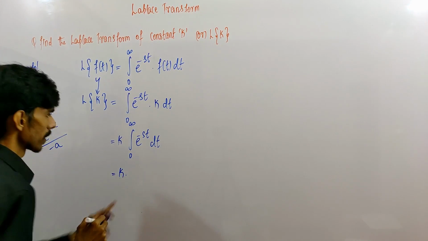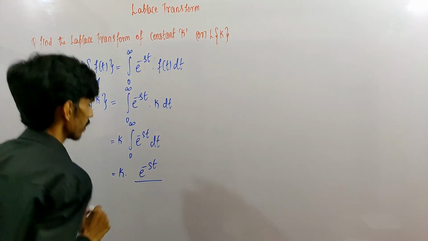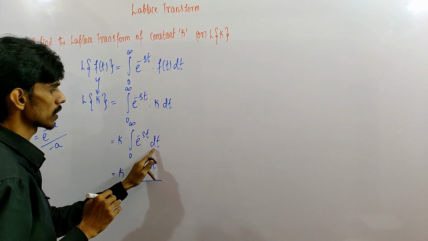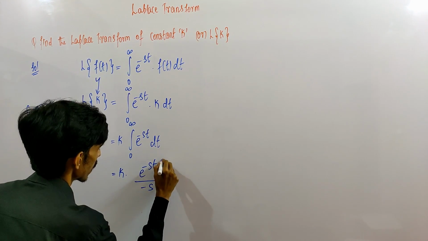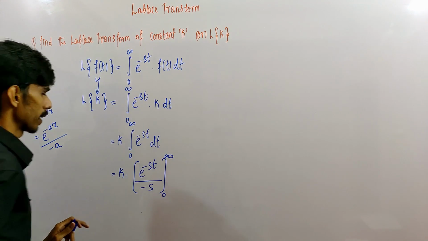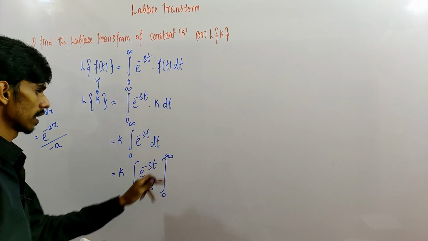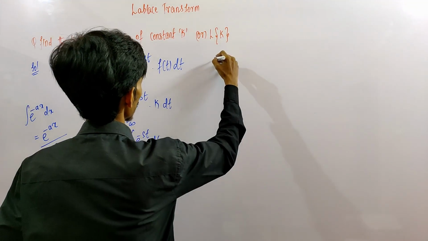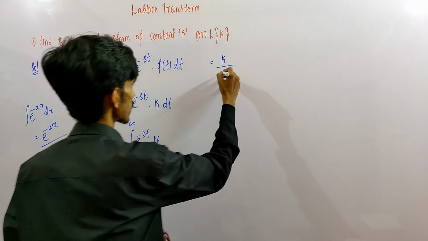So we have k, same exponential function e power of minus st divided by coefficient of t, since we are integrating with respect to t. So here we have minus s. Limit 0 to infinite. Now take this minus s outside this limit. We have k divided by minus s.